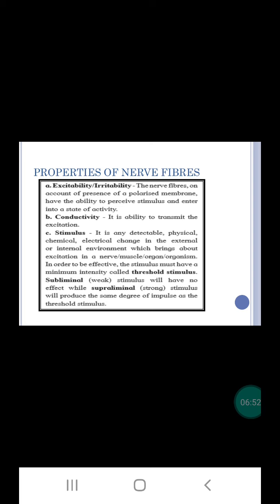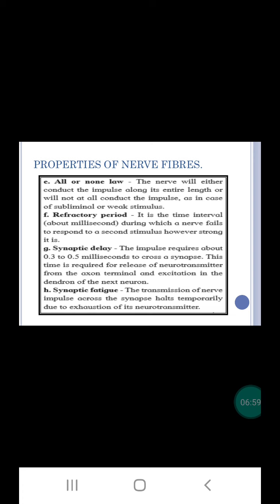What is threshold stimulus? It is minimum intensity of the stimulus. Now next is all or none law. It means the nerve will either conduct the impulse or it will not at all conduct the impulse, when the stimulus is weak.